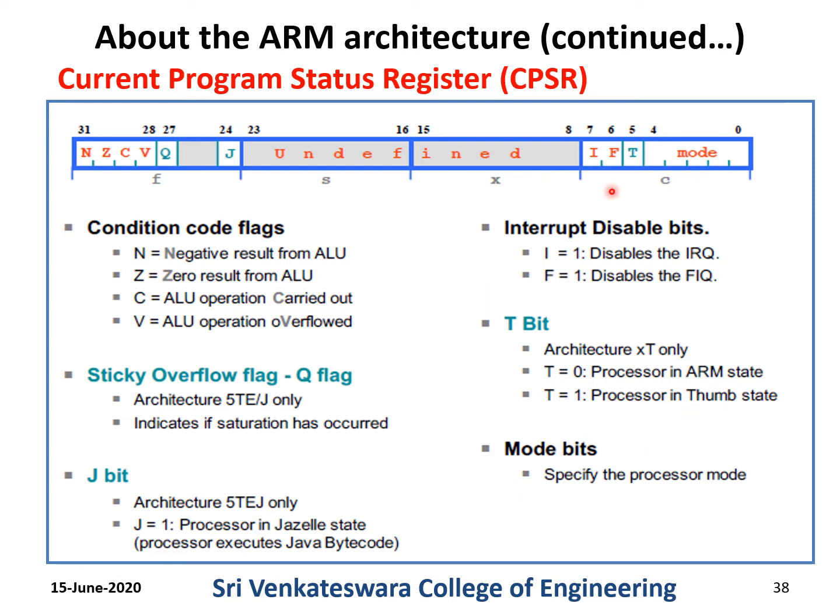So these bits reflect the outcome of arithmetic and logical operations, the enabling and disabling of interrupts, the processor states, ARM state or Thumb state, and the 7 processor modes. These are all indicated by the status of bits which are set or reset in the CPSR register.